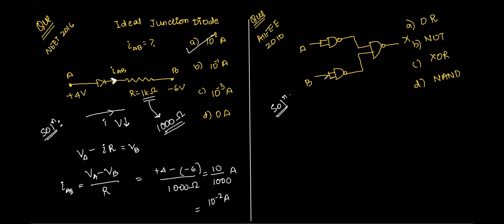So let us try to draw the truth table for it. This is A, this is B, and let's say first, what happens when we are taking two inputs, let's say 1 and 1? AND will give you 1, and then you're doing the NOT of it, so this is 0.